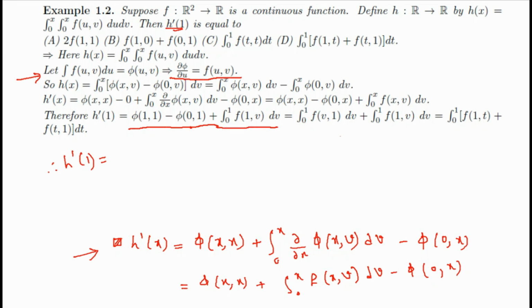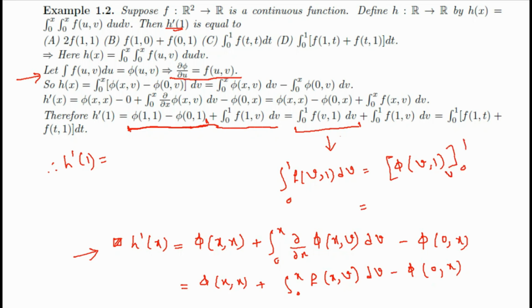Now phi 11 minus phi 01 can be written as integral 0 to 1 of f of v1 dv, because integration of f of v1 dv is phi of v1, and 0 to 1 will be this 0 to 1.